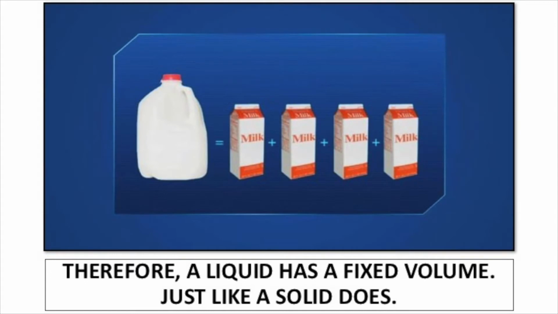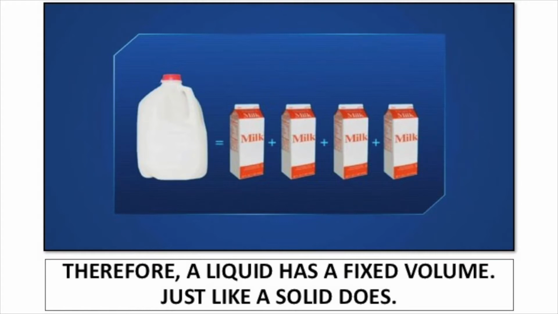Therefore, a liquid has a fixed volume, just like a solid does. And the liquid volume can change depending on the amounts. So here, in the larger bottle, is a 4-litre bottle of milk.